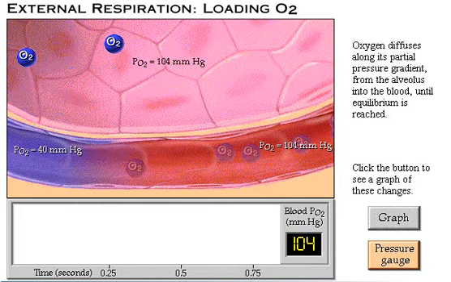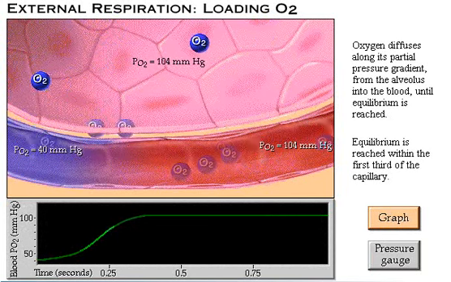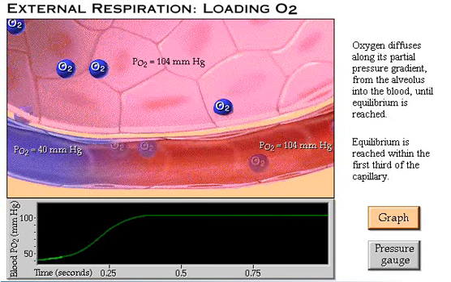Click the button to see a graph of these changes in the blood. As indicated in the graph, equilibrium is reached rapidly within the first third of the pulmonary capillary.